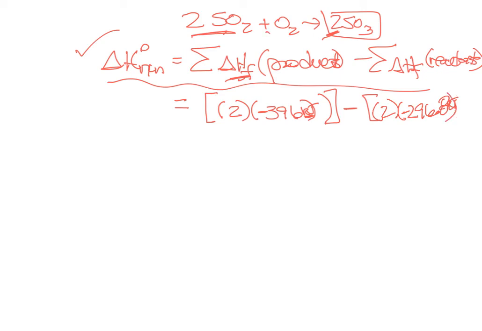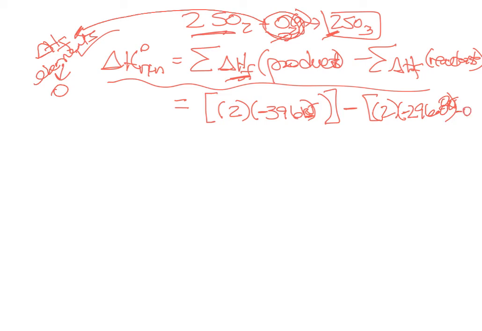One important thing to remember from first semester chemistry: the heat of formation for elements in their standard state, which means how they exist in nature, is zero. Oxygen in nature is diatomic, exists as O2, and it is a gas. So the heat of formation of any element in its standard state is 0. Oops, it's plus.